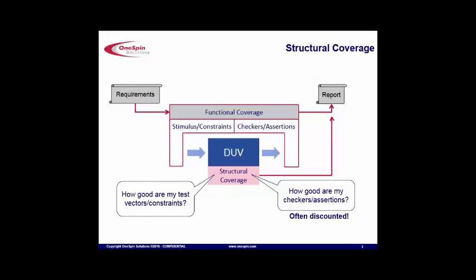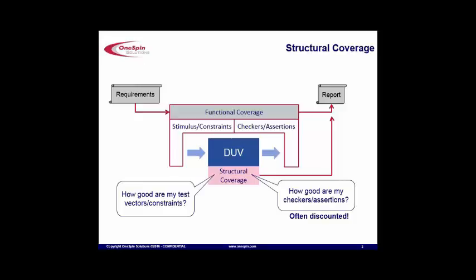If we put this into perspective, we have our requirements. We define our functional coverage model, and when we execute the simulations, we generate a nice report for functional coverage. However, functional coverage is implemented with stimulus or constraints, or checkers and assertions. In a simulation-based environment, we have the stimulus and the checker. In a formal environment, we have the constraints and the assertions.